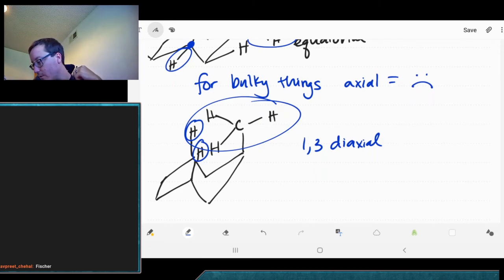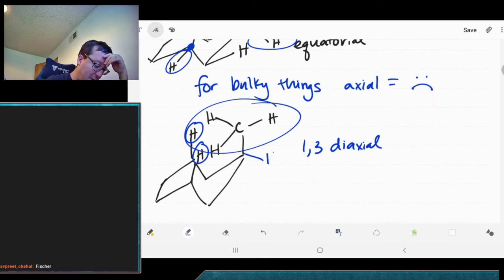We'll talk about those. I wonder if I have values for these diaxial interactions. I don't have values for them, unfortunately. But suffice it to say, much worse than H-H-H, having a hydrogen up. In this case, we have a hydrogen in an equatorial position. It would be more favorable for us to have it axially.